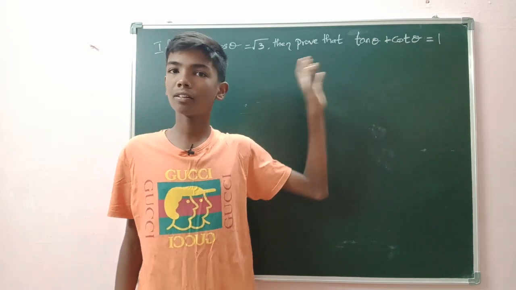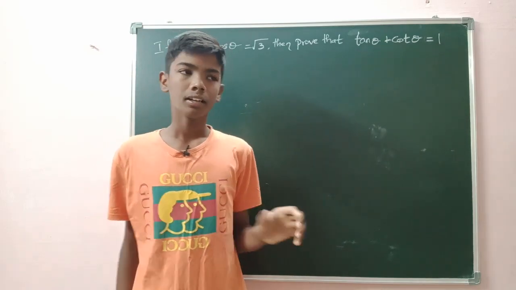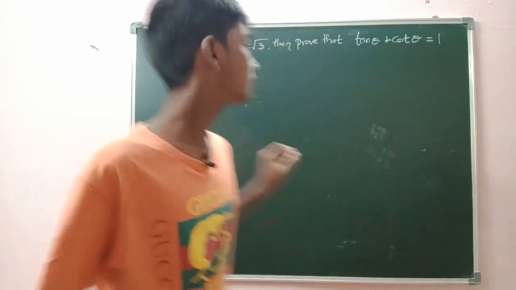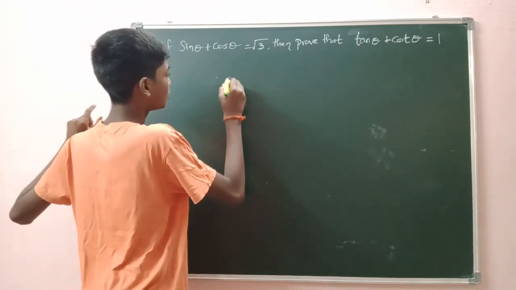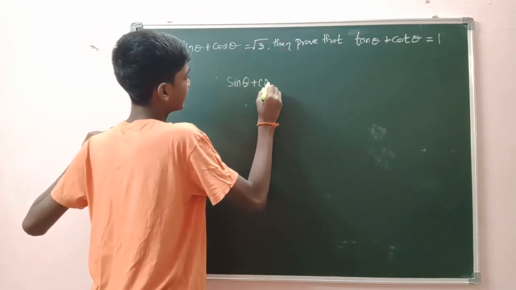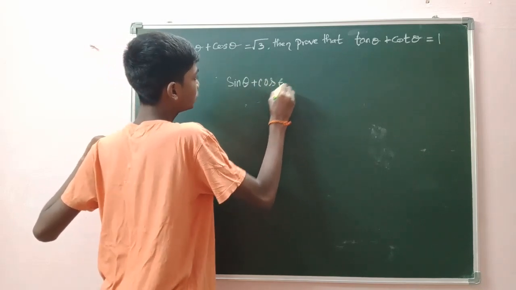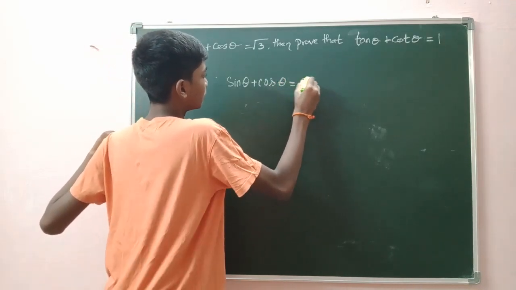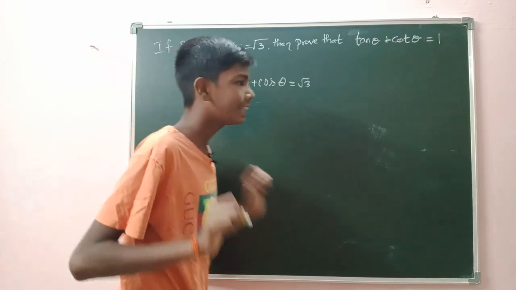Therefore, you can use that equation to prove this particular equation. Okay, so what I'm going to do is, the question gives that sin theta plus cos theta is equal to root 3. Think what identities we know.